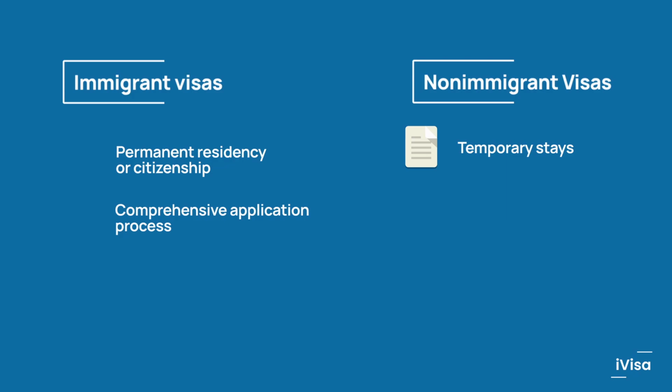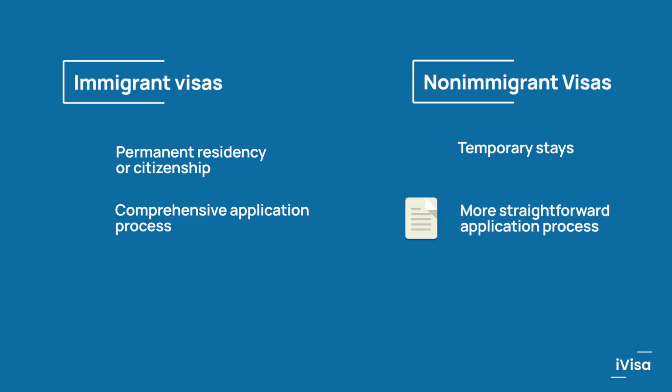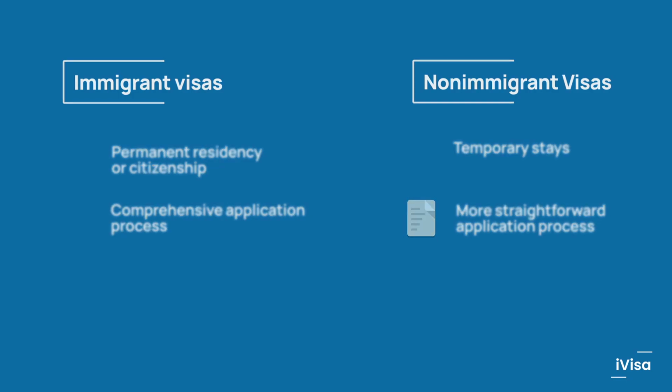Non-immigrant visas, on the other hand, are designed for temporary stays, such as tourism, business trips, or educational pursuits. Obtaining these visas is generally more straightforward, requiring application forms, some documentation, fees, and sometimes interviews.